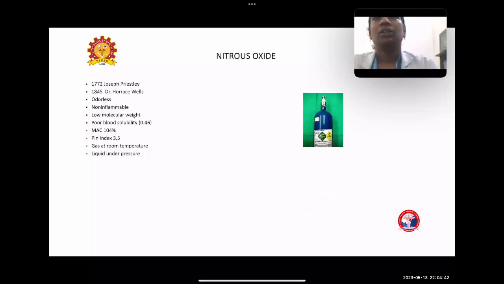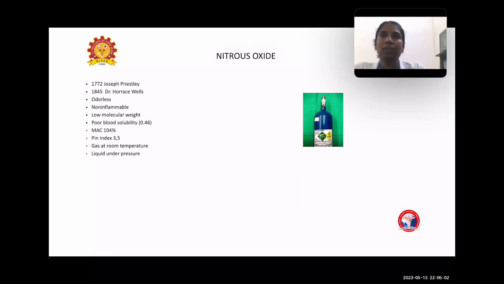Moving on to nitrous oxide. Nowadays we commonly use nitrous oxide, which was found by Joseph Priestley in the year 1772. It is an odorless gas and it is non-inflammable, whereas ether is an inflammable agent.